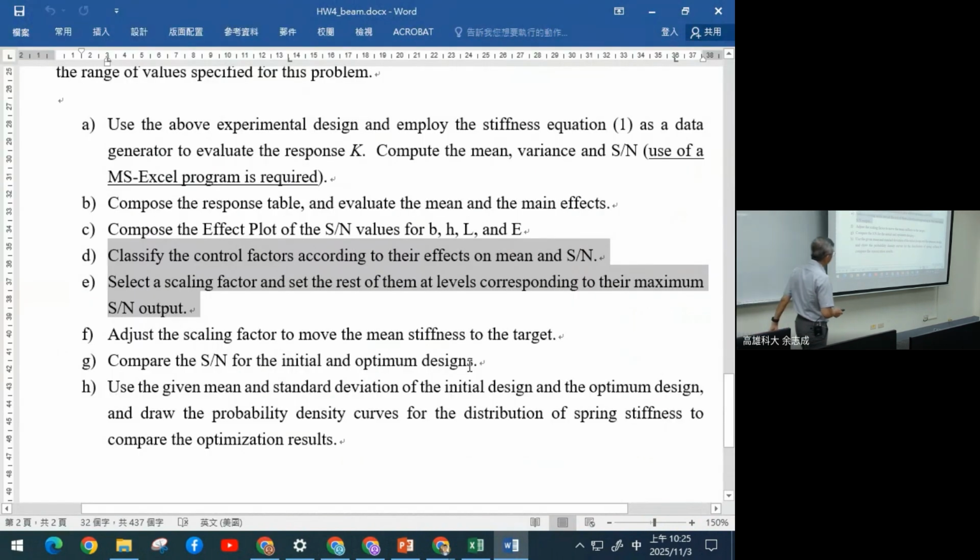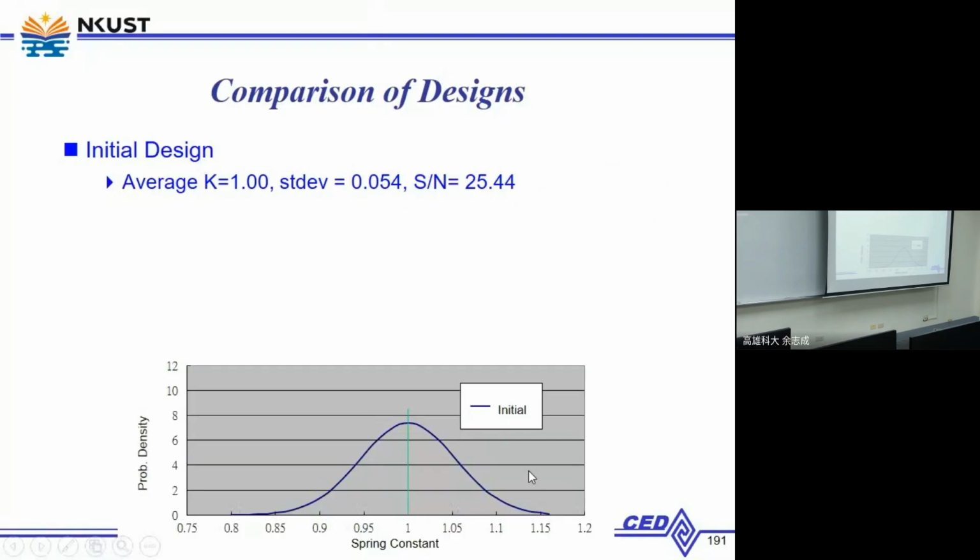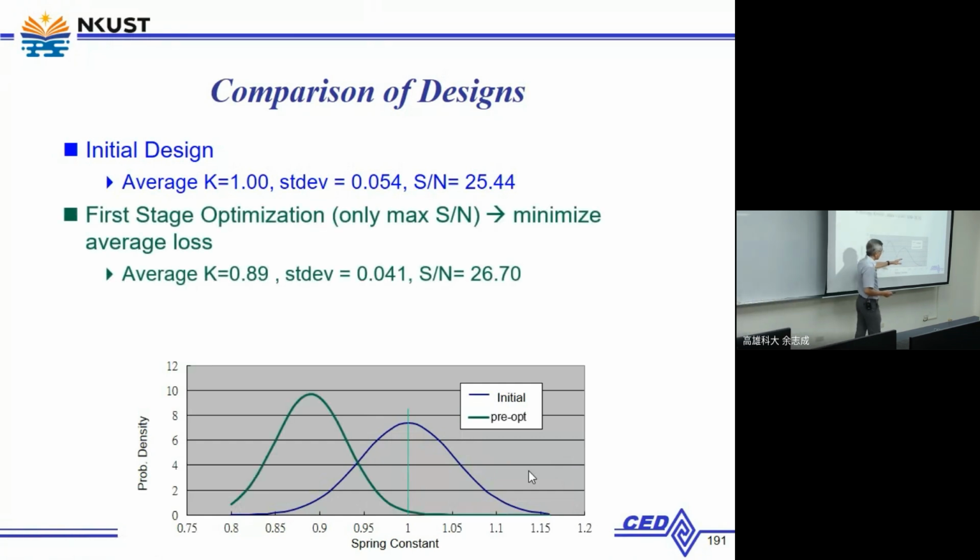And the last one, as usual, like what you did in the previous example, we want you to draw the probability density curve to compare the optimum result. You can do the same thing as what I did in the lecture notes, but you only need to compare the initial and the optimum.